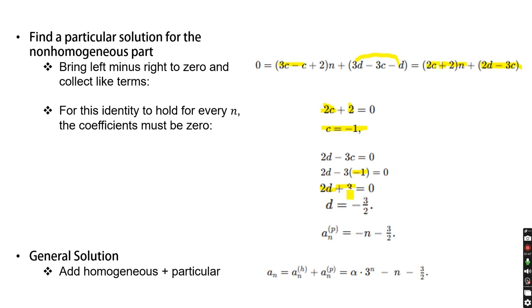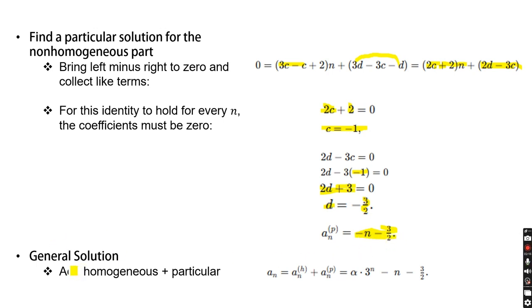And then we divide by 2 to get the value of D. The result is negative 3 over 2. So, therefore, our a_n^(p) is equal to negative n minus 3 over 2.